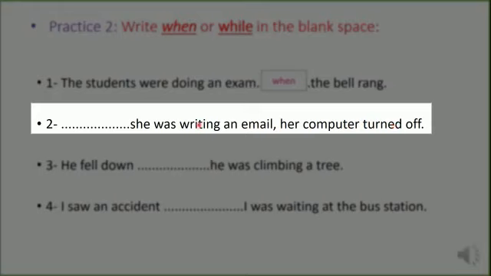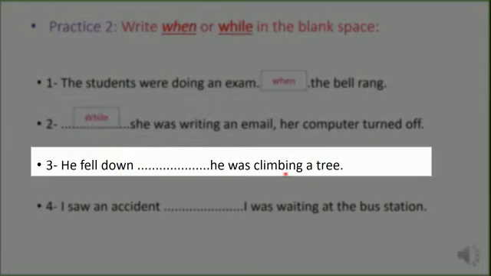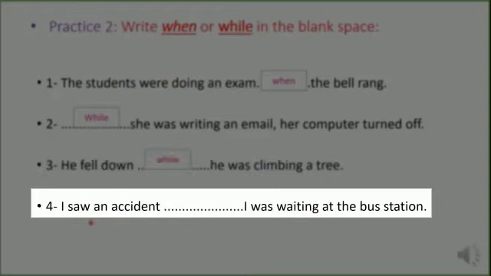Here we have a long action in the past progressive, so we have to use while. He fell down, he was climbing a tree. Here he was climbing a tree, a long action, so use while. I saw an accident, I was waiting for the bus. Also we have a long action, was waiting, so use while.